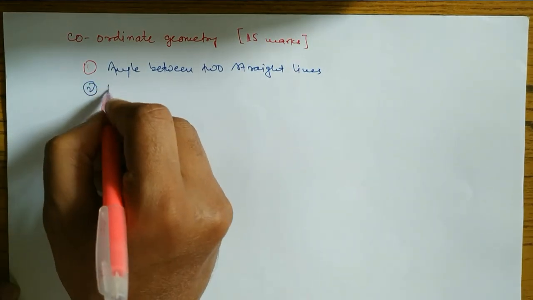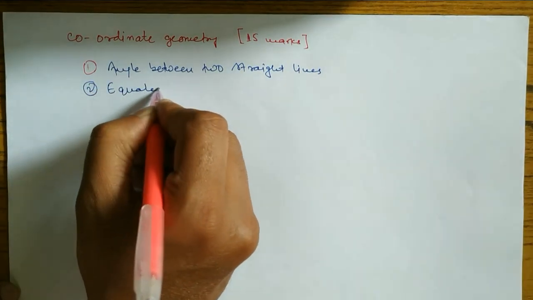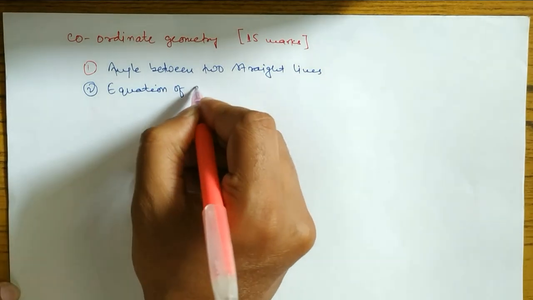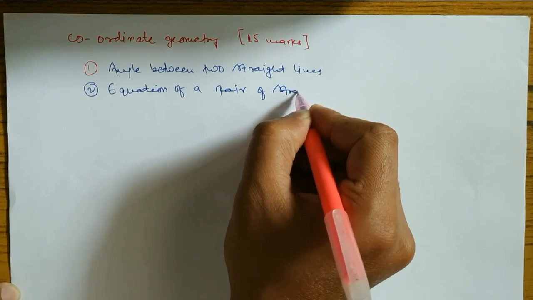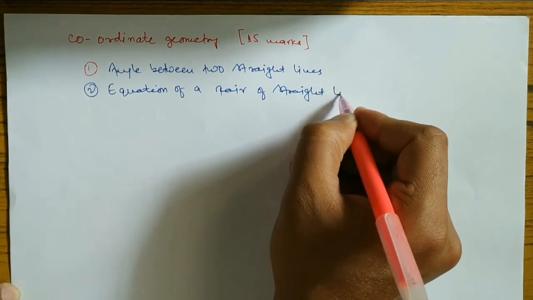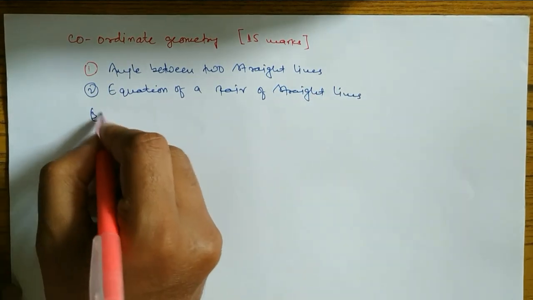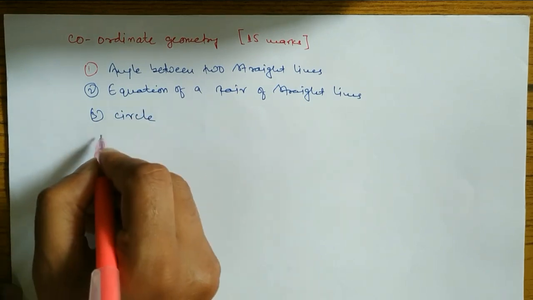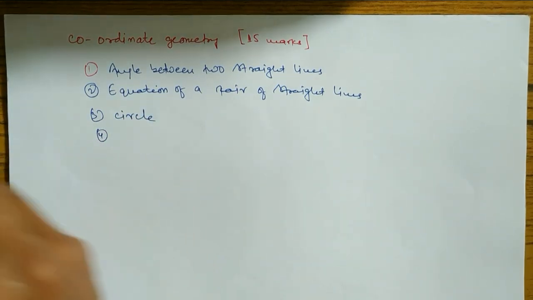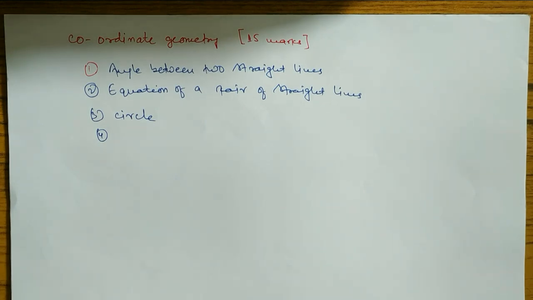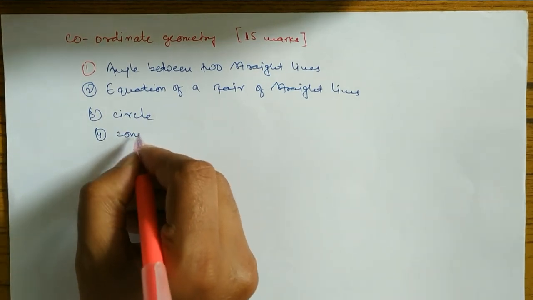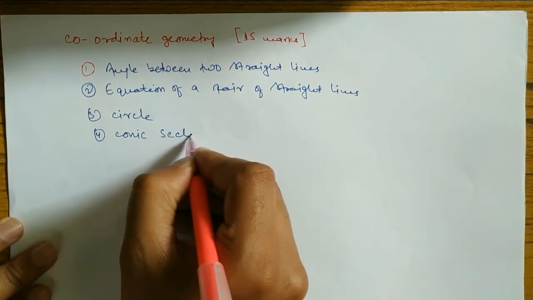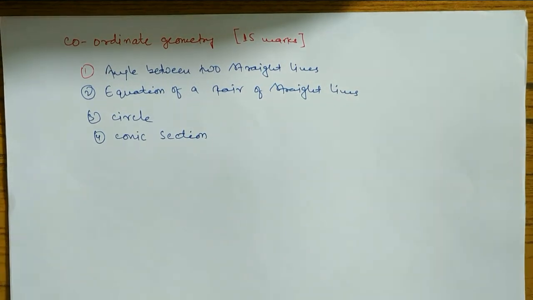Number 2, equation of a pair of straight lines. Number 3, circle. And number 4, which is new from this year only, conic section. Total 4 exercises are there.